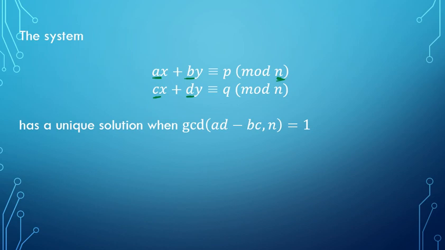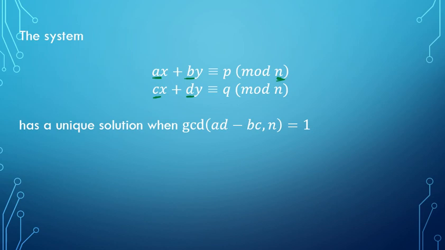Doing ad minus bc, that's a lot like doing the determinant of a 2x2 matrix, for those of us who like to think of things from a linear algebra perspective. So this tells us when we have a solution and how many we have.